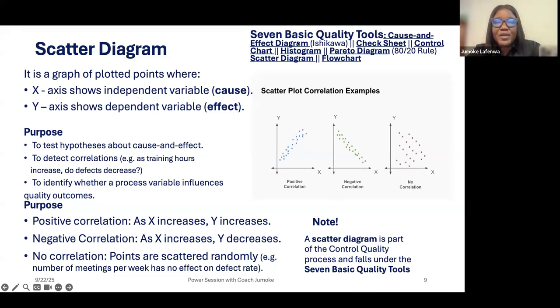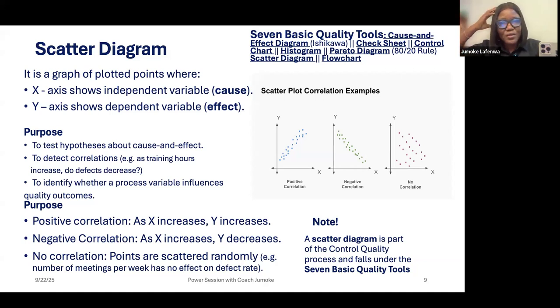We have cause and effect diagram, Ishikawa. You will always come across a question on Ishikawa in your exam. It's also called fishbone, because it's like a fish. The head is the problem, and the bones show what's the cause of the problem.